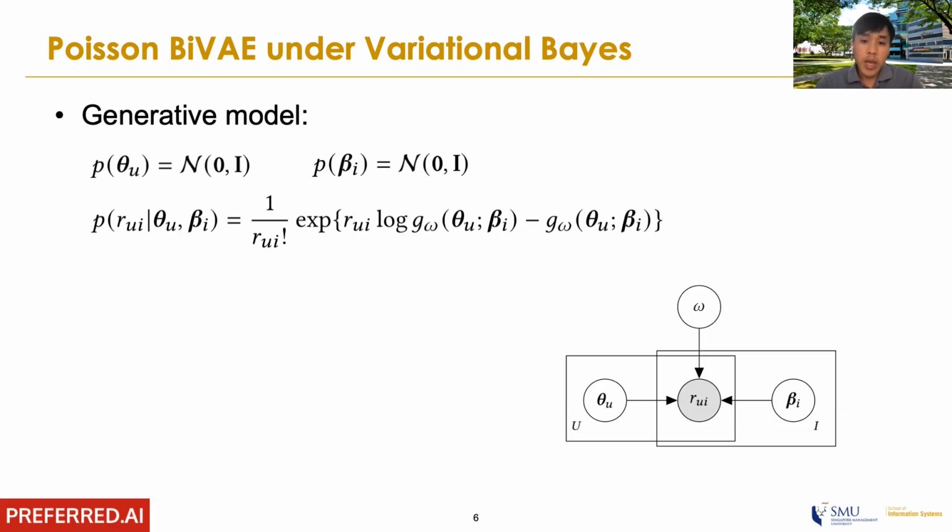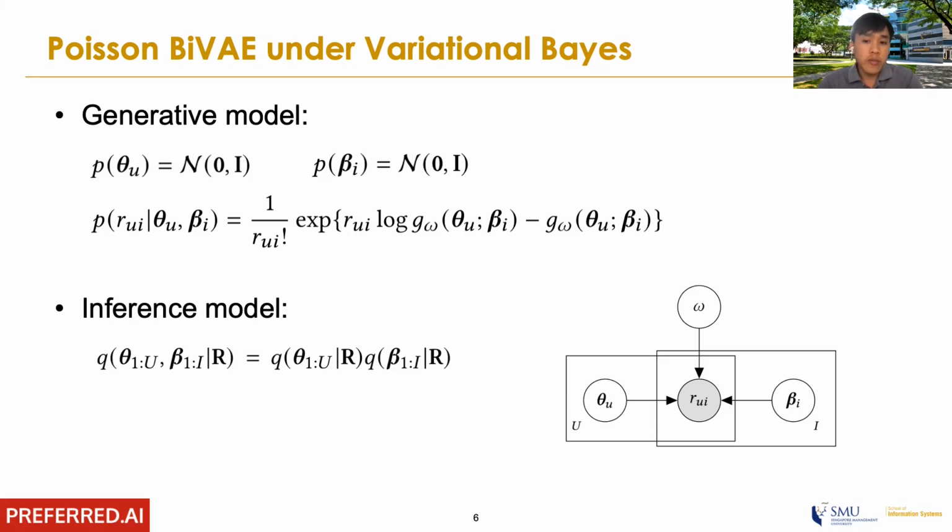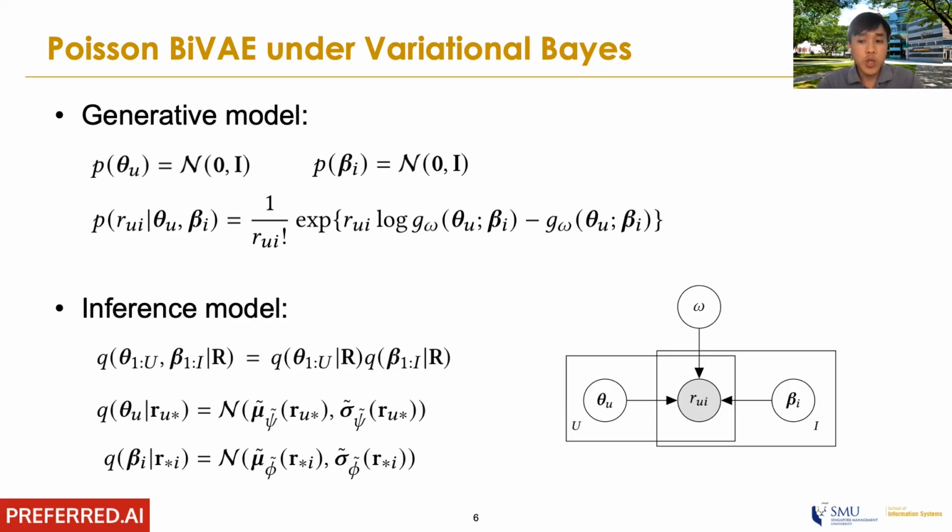So based on the idea of variational inference and the mean field assumption, we propose to estimate the joint posterior distribution by the variational distribution in the following factorized form as shown there. And to estimate each of the individual posteriors, we follow the same treatment as VAE of using amortized inference. So that completes the BiVAE model under the variational Bayes framework.